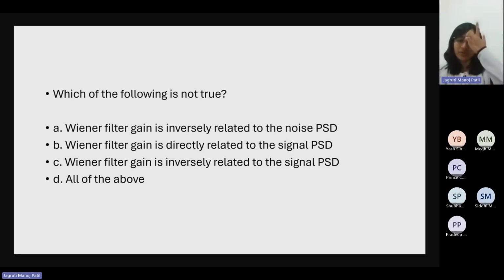We saw the formula where we took the inverse and took the Fourier transform, and then we had something like 1 by 1 plus something by something. A guess is also fine. It's just ABCD.